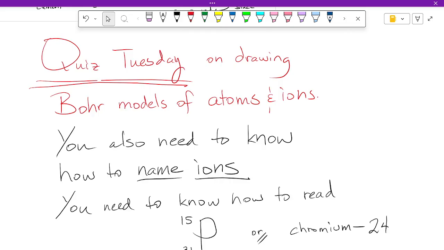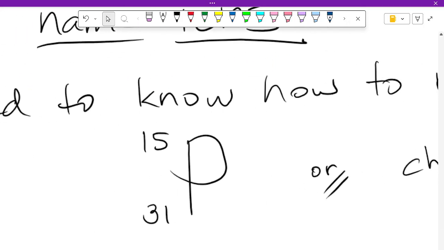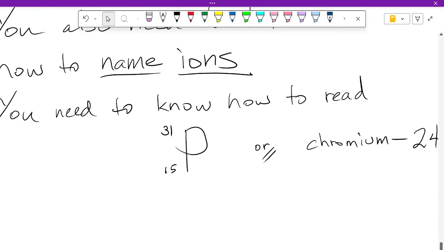But you would need to be able to read, oops, what did I do wrong? I put the mass number on the bottom and the atomic number on the top. You should know how to read that and figure out the neutrons. Okay?